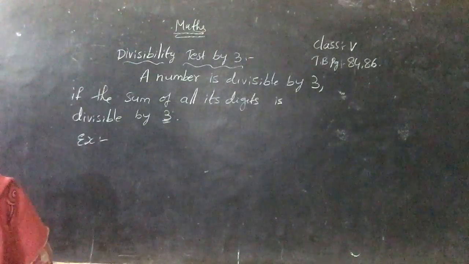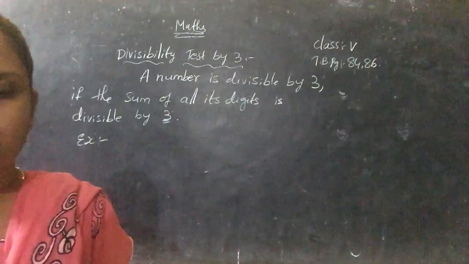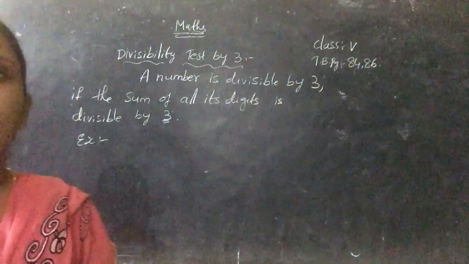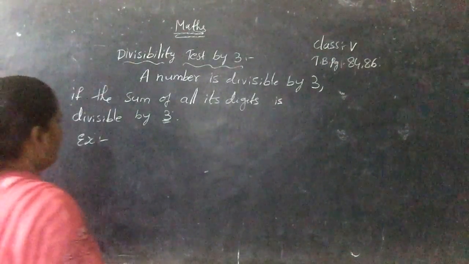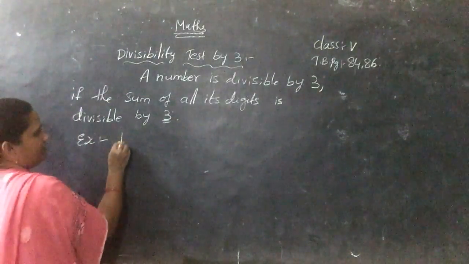Example you can make. I am taking an example from your exercise textbook page number 84. The first sum, D1, the first one I am taking children. In page number 84, D1, the first one, 1732.